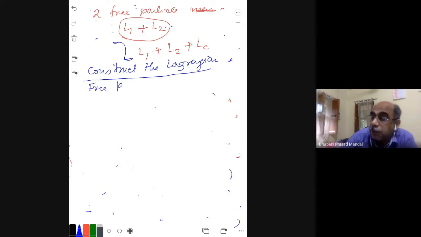A free particle means it doesn't interact with anybody, and there is no force acting on it. So a free particle can be at rest, which doesn't give you anything, so it is trivial. Or a free particle can be in uniform motion.